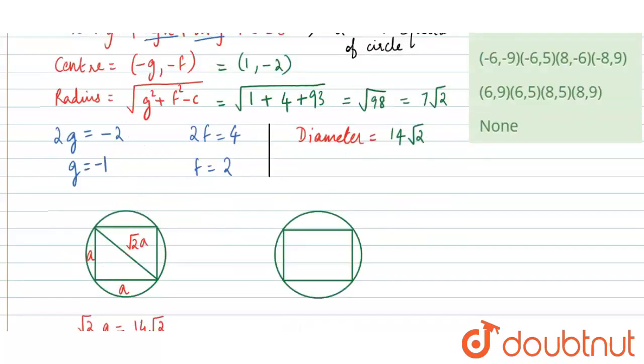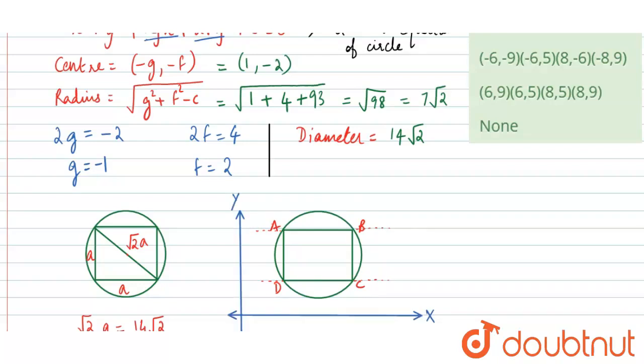So if we name the vertices as A, B, C and D, then the horizontal sides will have the equation of y is equal to a constant. Vertical is the y-axis and horizontal is the x-axis.